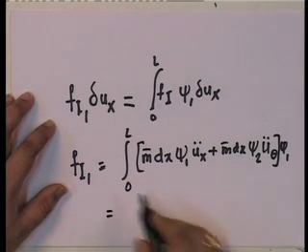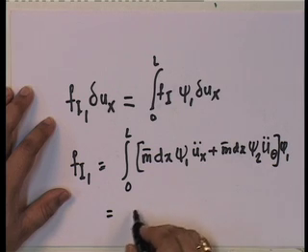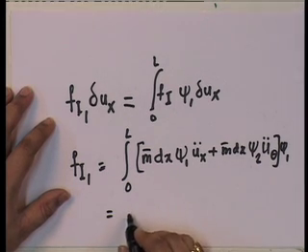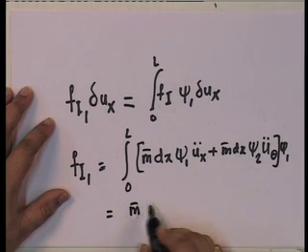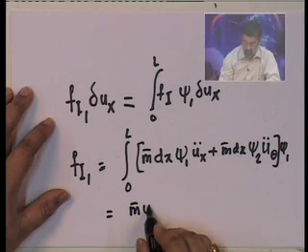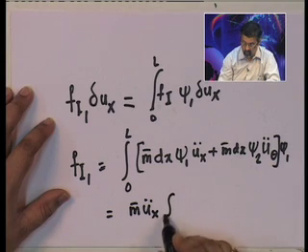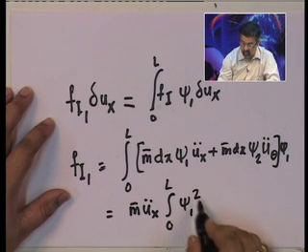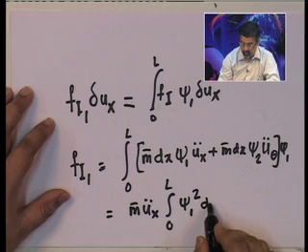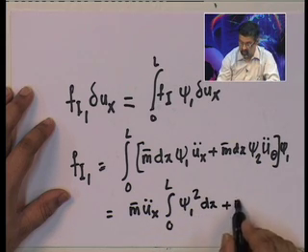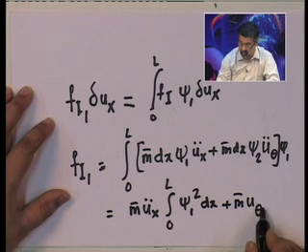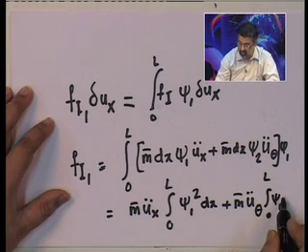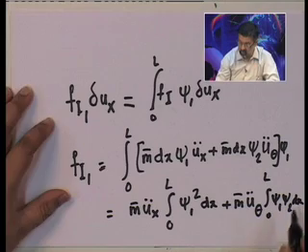If you look at Fi1, I can take m bar and the accelerations outside. So, this becomes m bar u double dot x integral 0 to L of xi 1 squared dx plus m bar u theta double dot integral 0 to L of xi 1 xi 2 dx.